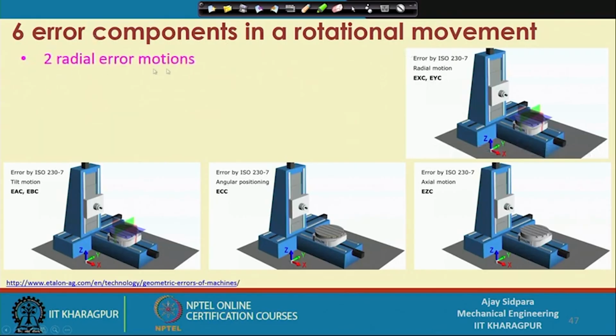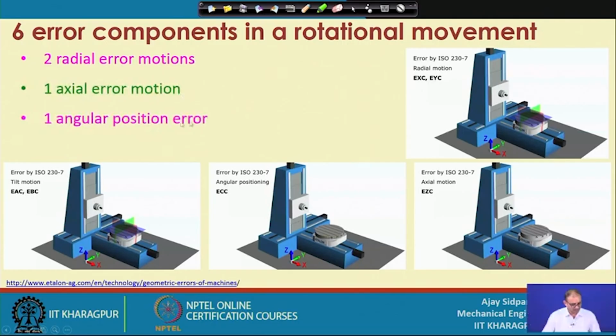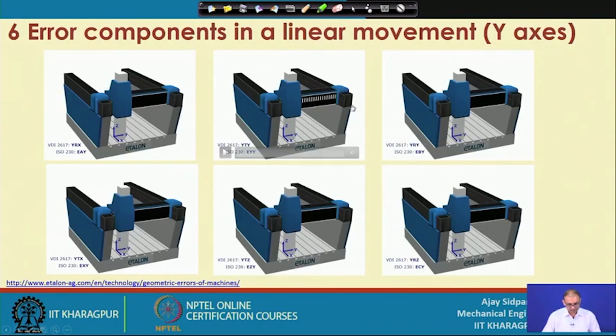So, that are the two radial errors, one axial error, one angular position error and the two tilt errors. So, now let us see the same thing for the y axis, then how the error components are in different direction in the y axis.